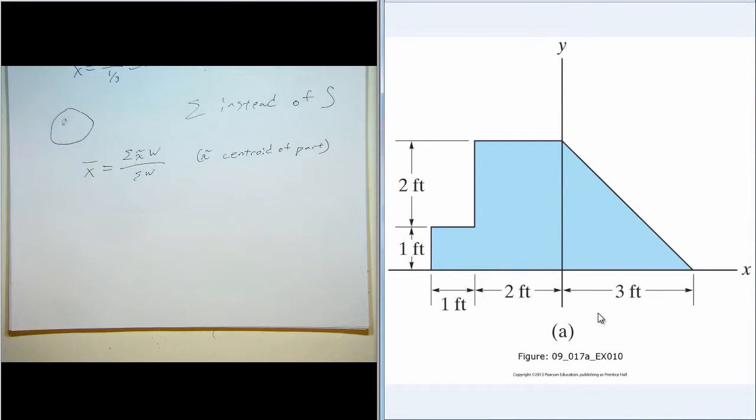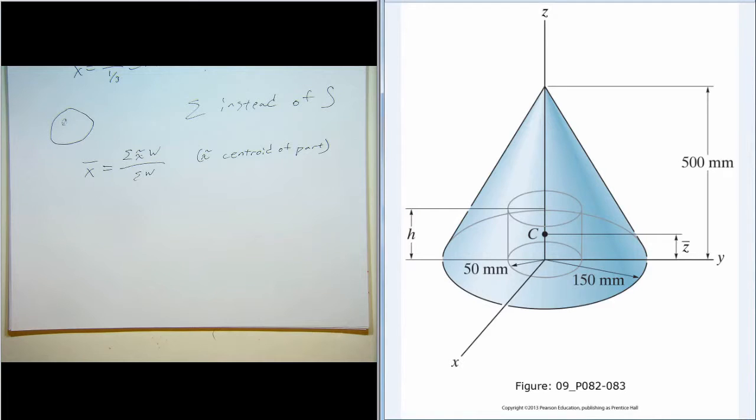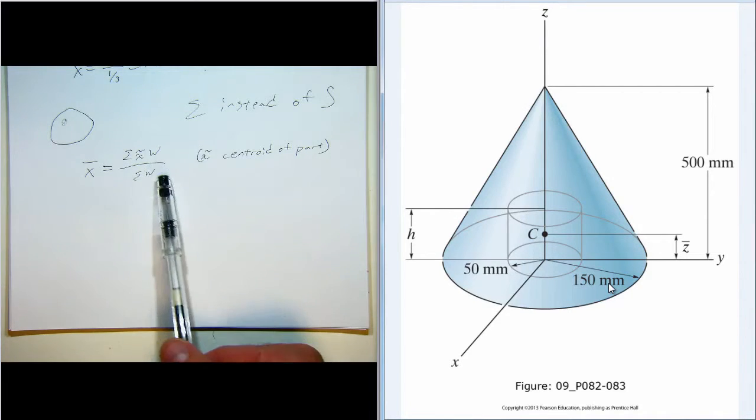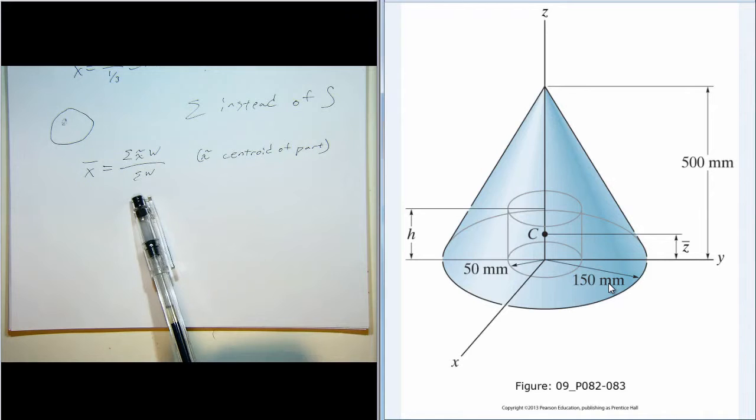And oftentimes we'll have shapes where they have a hole in them. And so let me see if I can find this figure. Okay, so here is a cone with a cutout in the bottom. And the way we treat that in this equation is that the cutout would have a negative value.